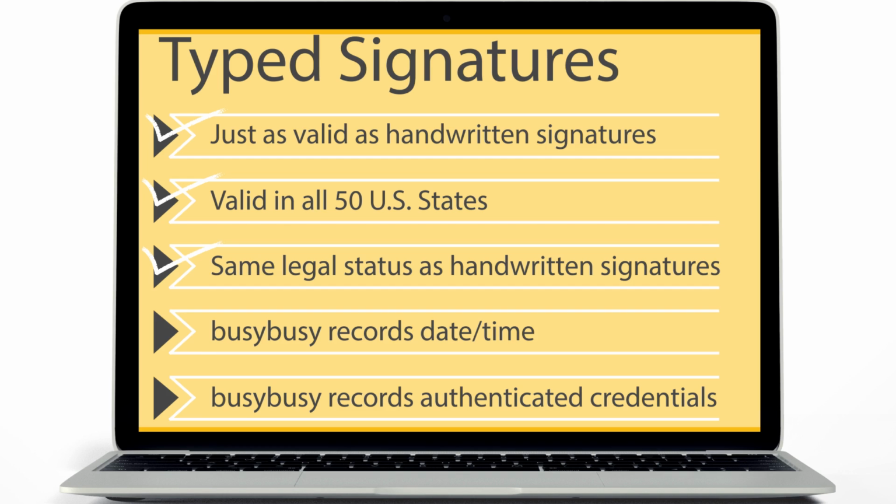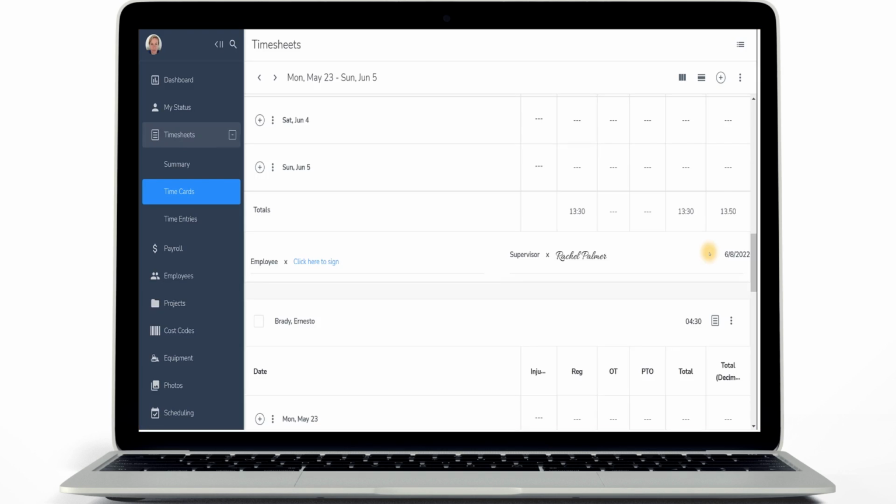When a signature is typed, BusyBusy records the date and the time of when that signature took place, and we also record which employee's authenticated credentials were used for that typed signature. BusyBusy only allows typed signatures by the person who is signed into the account.